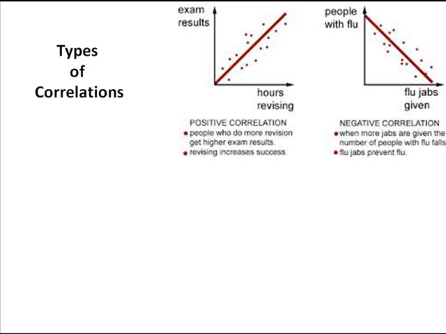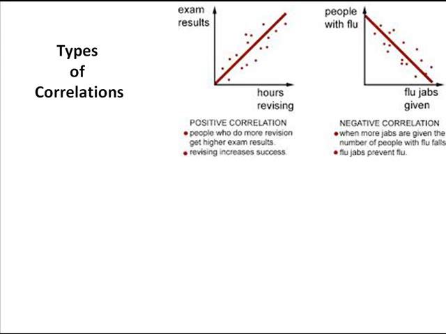But you can also have a negative correlation, which doesn't mean anything's bad. It just simply means that the direction of the graph is in a negative direction. So here we see that the flu jabs given, which is the same as saying the number of flu shots given, as it gets greater, then the number of people with flu go down. Therefore, that's good.